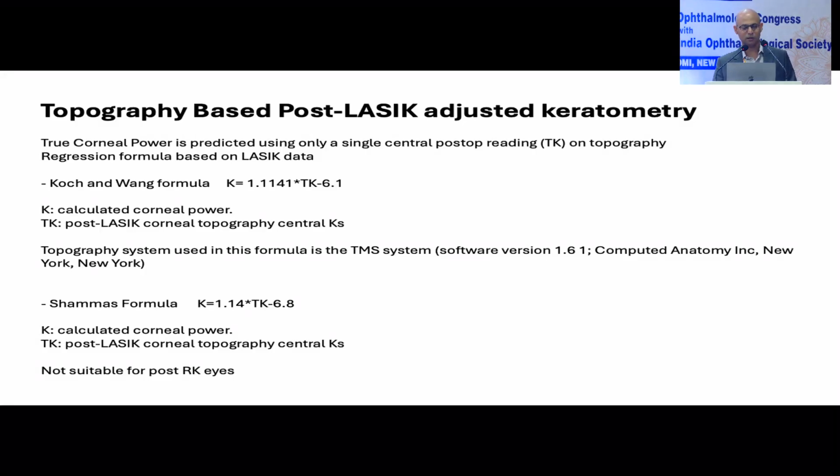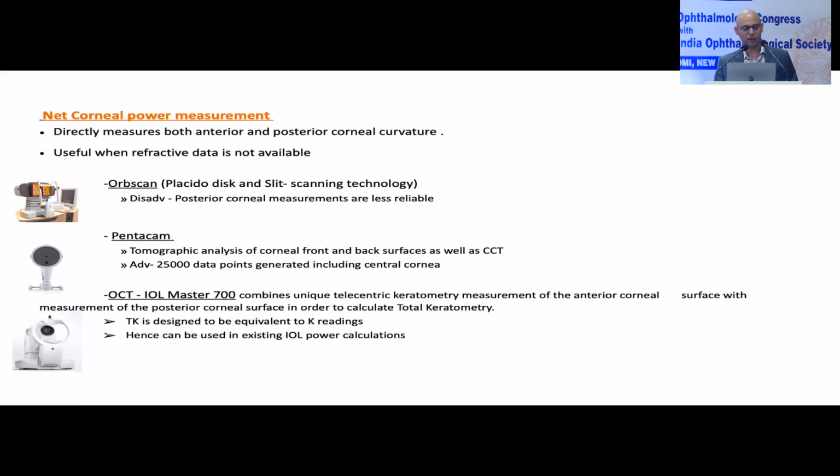Topographic based post-LASIK adjustment: you can use the central topographic readings from the topography and use the Koch and Wang formula. You can use the TMS system or some other systems which are available. The newer tomographers, OPD-Scan, Pentacam, etc. will give you information of both the anterior and posterior corneas.